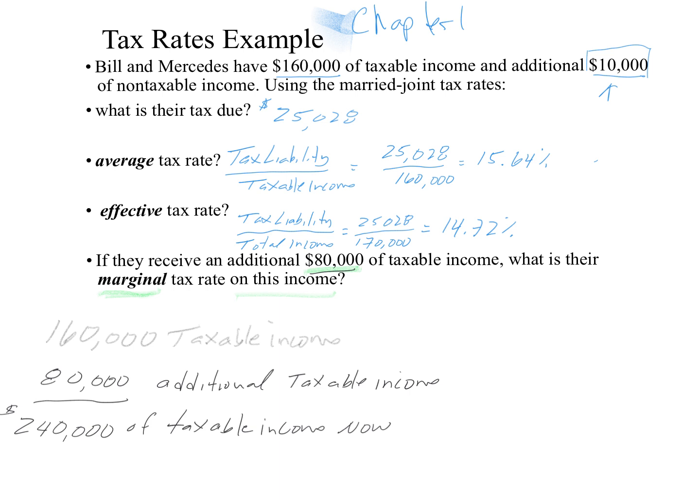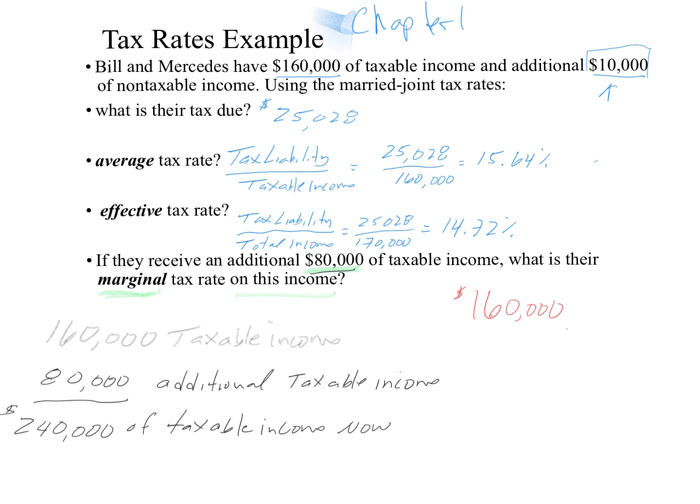So previously, they had $160,000 of taxable income.